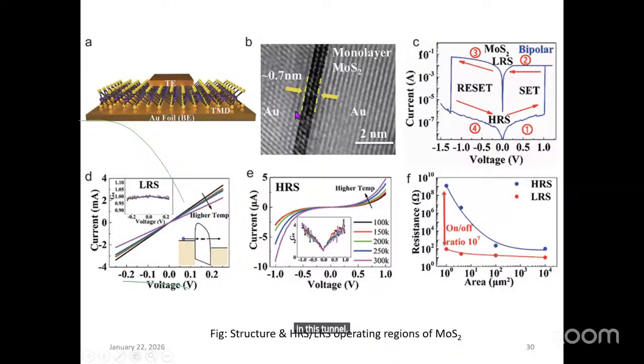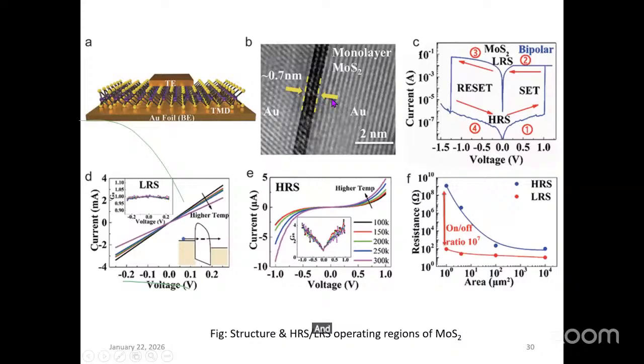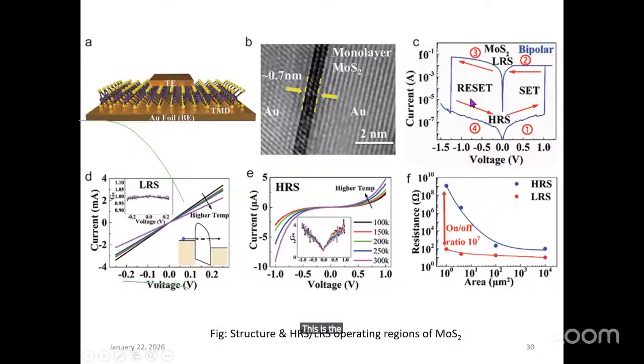Whenever you hear the word tunnel or high mobility, specifically tunnel, always keep in mind that the dimensions are very small, and that the ability of the electron to behave as a particle or as a wave is taken as an advantage in the tunneling effect.